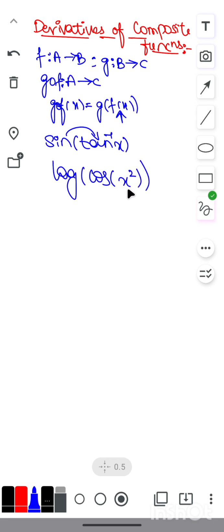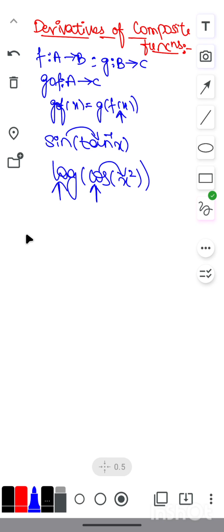Even this is also an example of a composite function. How is it? Let us see. This is a logarithm function which is having cos in its body, and that cos function is having a polynomial function in its body. So there are two functions inside the function log. So again we call these types of functions composite functions.